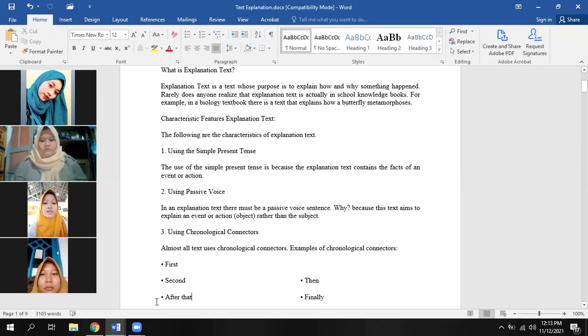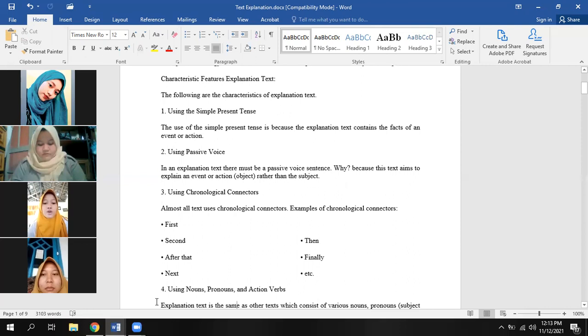Third, using chronological connectors. Almost all texts use chronological connectors. Examples of chronological connectors are: first, second, after that, next, then, finally.